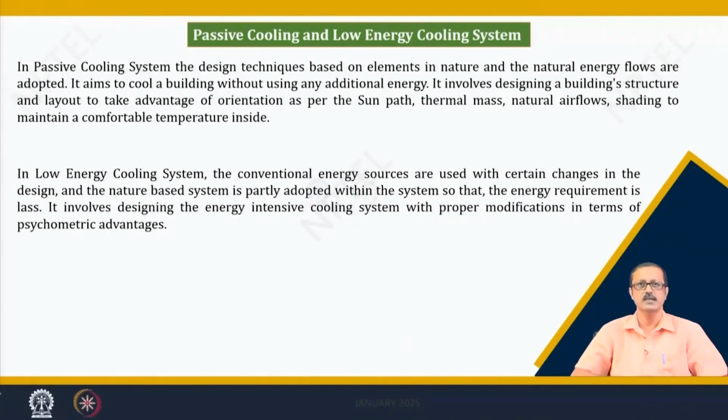In that cycle there are different components, and some of the components we change, manipulate, or modify. Based on that modification, the energy requirement will be less and we will get some benefit out of it. It is based on modification, and in terms of the psychrometric advantages, which I have written down over here, we can discuss in the next slide.